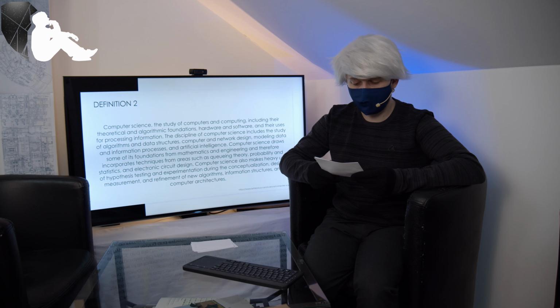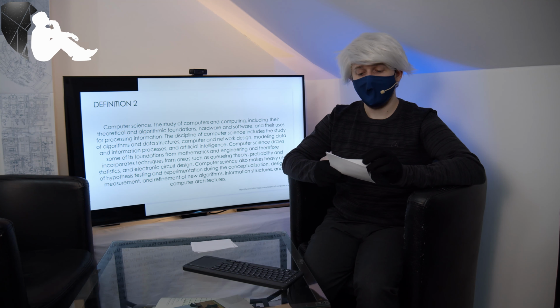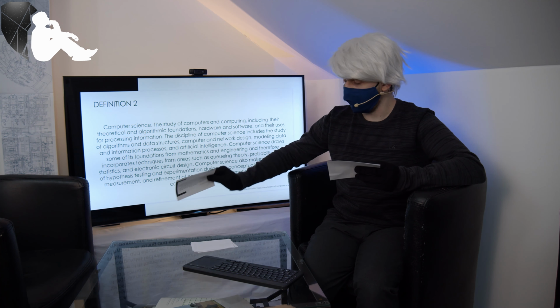Computer science draws some of its foundations from mathematics and engineering, and therefore incorporates techniques from areas such as queueing theory, probability and statistics, and electronic circuit design. Computer science also makes heavy use of hypothesis testing and experimentation during the conceptualization, design, measurement and refinement of new algorithms, information structures, and computer architectures. Very complicated to read, but very informative nonetheless.